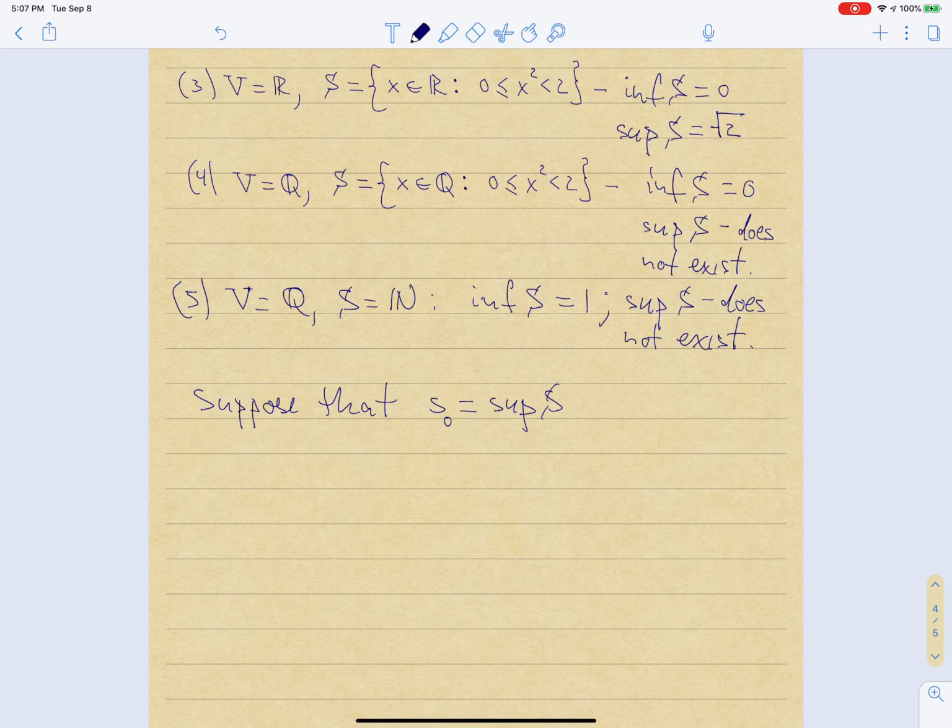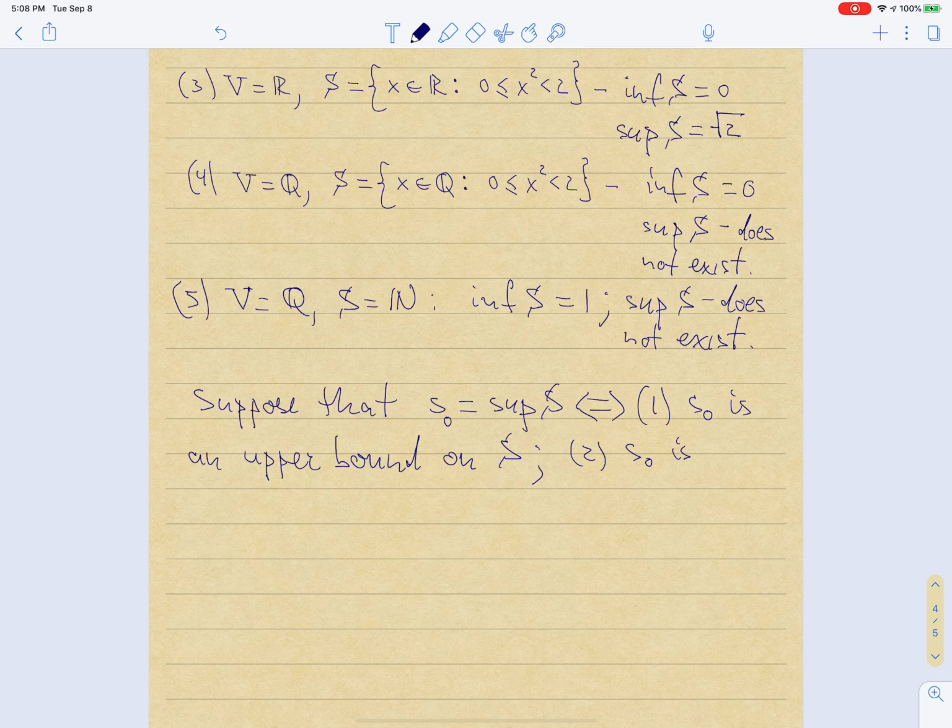Well, what does it mean? It means that number 1, S0 is an upper bound on S, and number 2, S0 is the least upper bound on S. What does this mean actually?